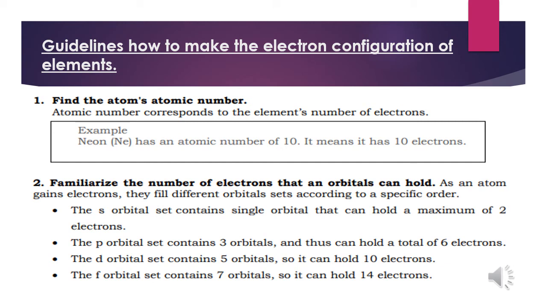The p orbital set contains 3 orbitals and thus can hold a total of 6 electrons. The d orbital set contains 5 orbitals, so it can hold 10 electrons. The f orbital set contains 7 orbitals, so it can hold 14 electrons.